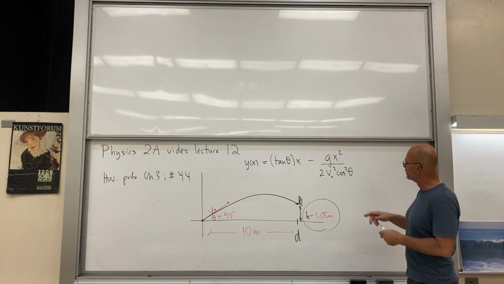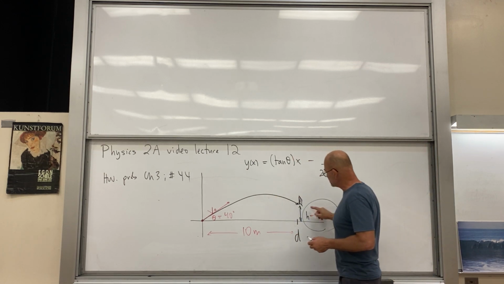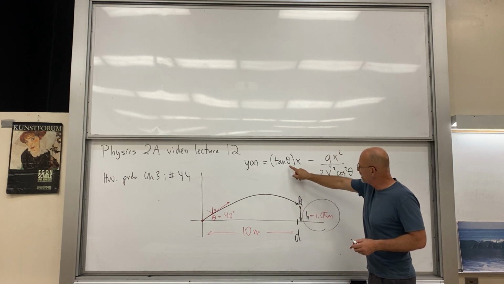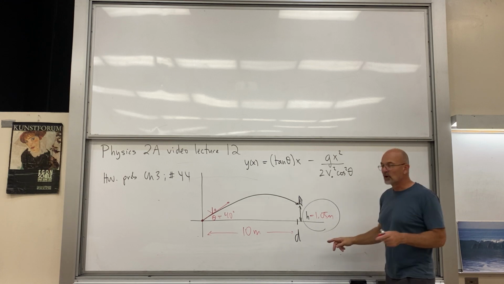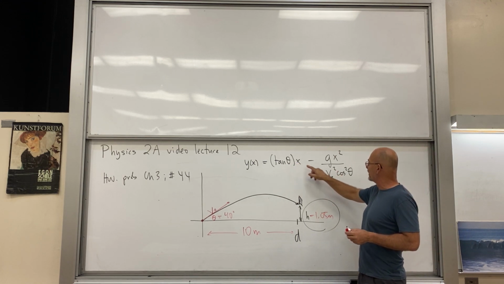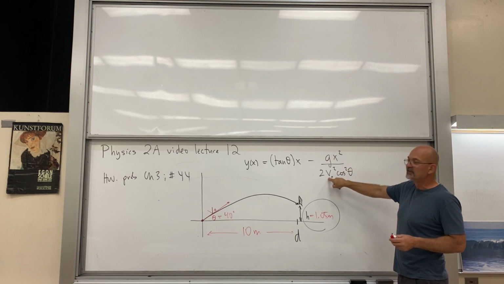If you put in what I'm calling h here, that's the height at which it goes through the basket, and put in your 40 degrees, and by the way, don't plug them in yet, just imagine that that's what goes there. There are no unknowns except for this V0 squared.